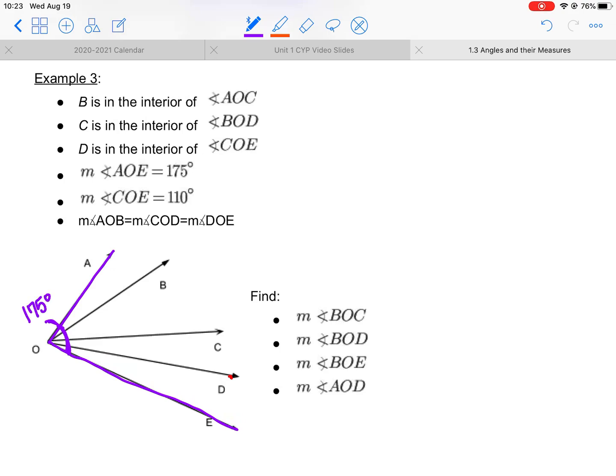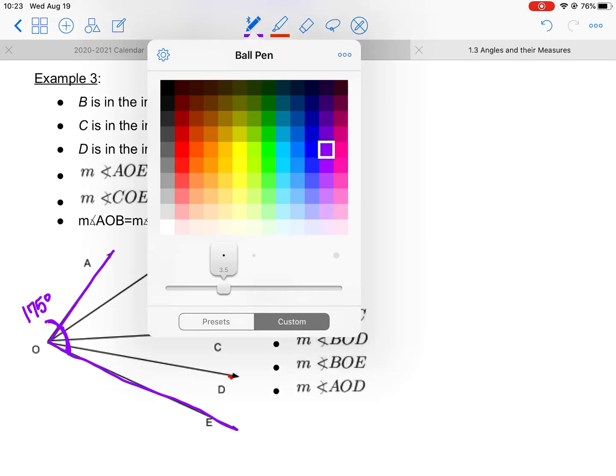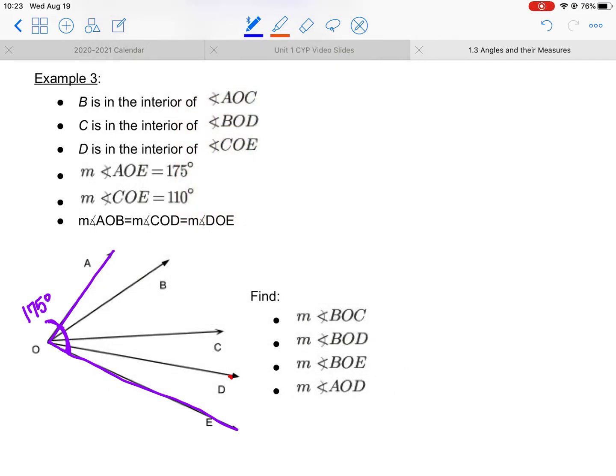Anytime you see this arc drawn all the way across, it's talking about the entire angle. Next, it tells me that the measure of angle COE, which goes from C down to O and then over to E, is 110 degrees.